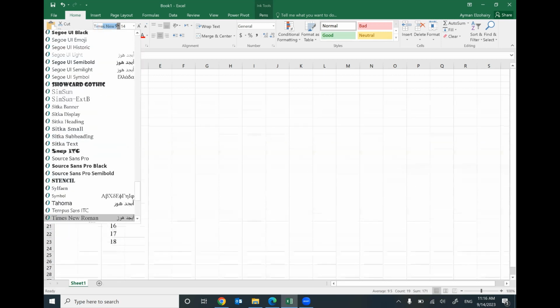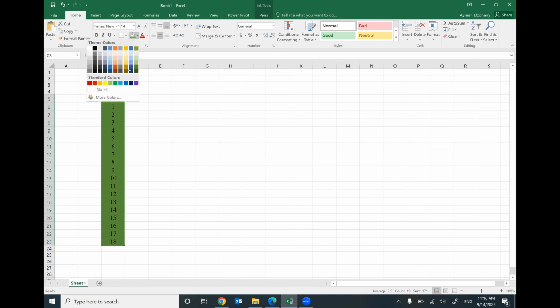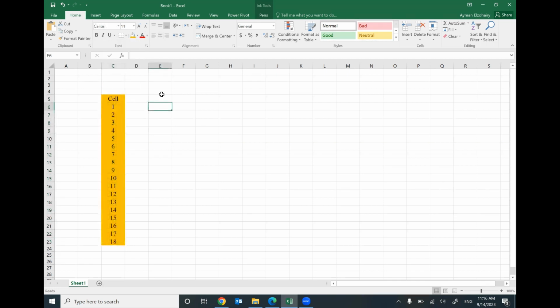I do prefer Times New Roman. And if you would like to highlight, you can change the highlight of this one to any color you want. Does that make sense? So you have different options. This is related to Excel.